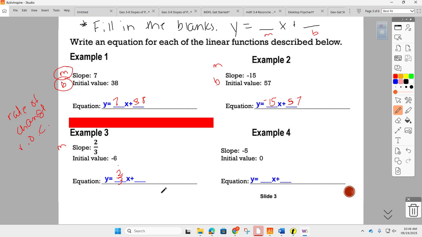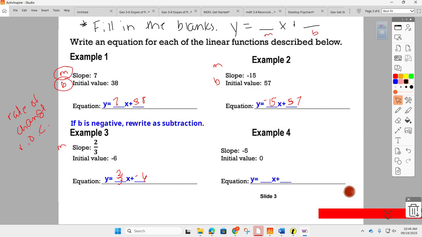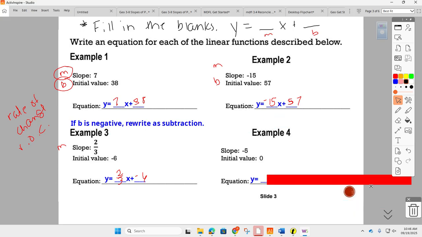In the blank for the beginning value or the y-intercept, -6. But that's not how we're going to write that equation, right? If c is negative, we're going to rewrite that as a subtraction problem. So we would rewrite that equation as y equals 2/3 times x minus 6.